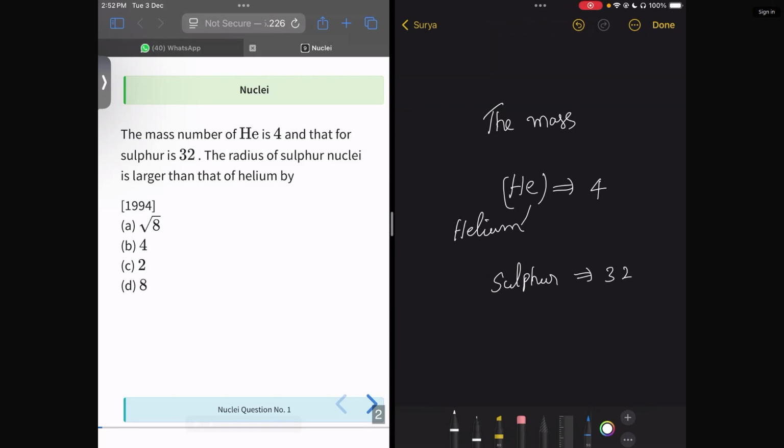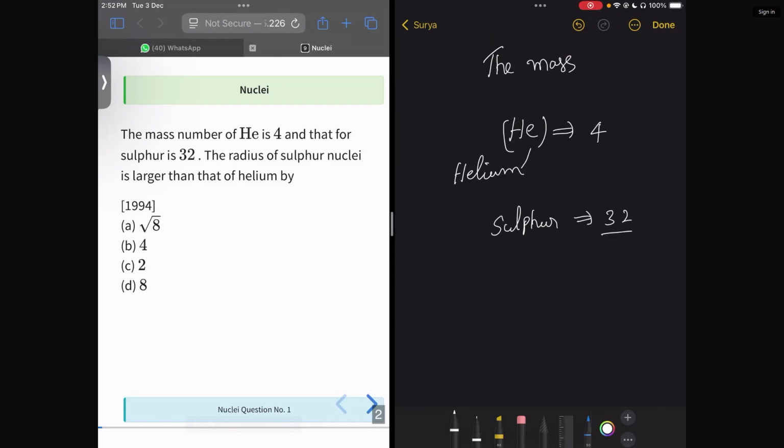So they are given the mass numbers. What they are asking is how many times the radius of the sulfur nuclei is larger than that of helium.